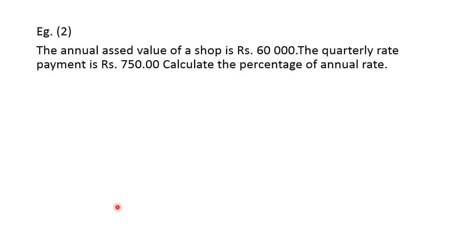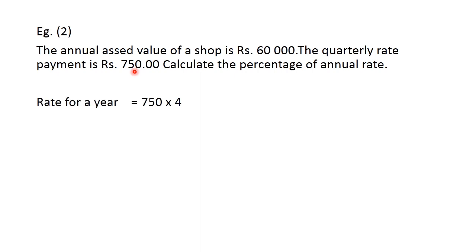Second example, the annual assessed value of a shop is 60,000 rupees. The quarterly rate payment is 750. Calculate the percentage of the annual rate. Now here we need to find the percentage. 750 rupees should be paid per quarter.